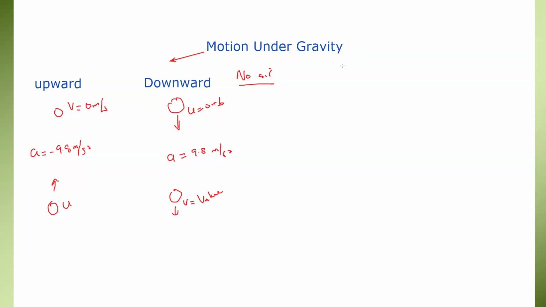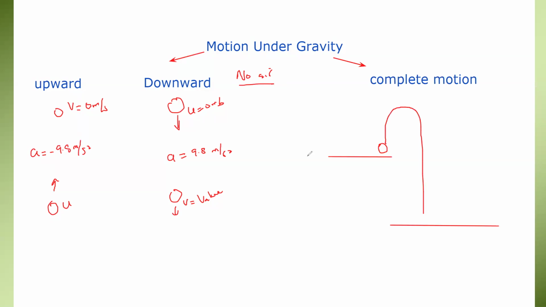What if we have a question in which an object is thrown and there's a complete motion? If an object is launched or thrown vertically upward from a certain height above the ground, for example, this is the trajectory or path which the object follows.